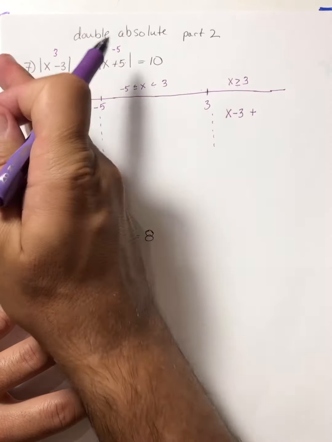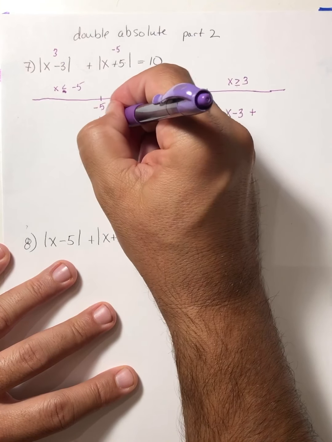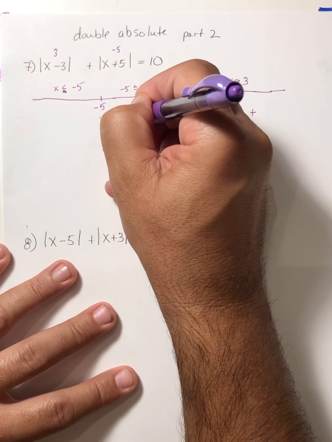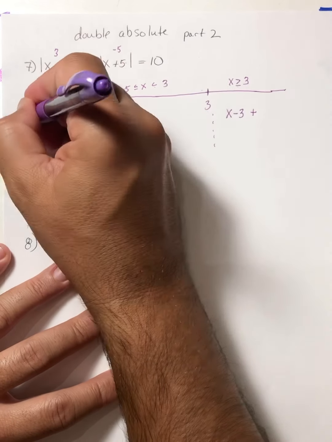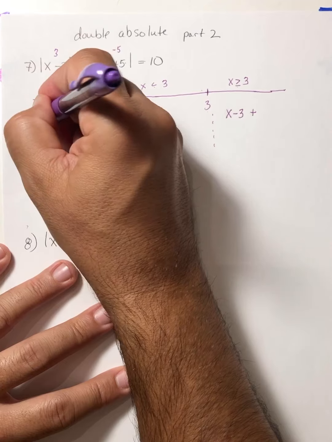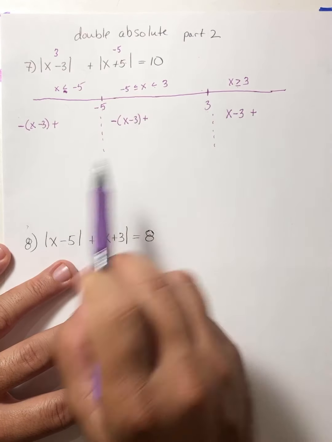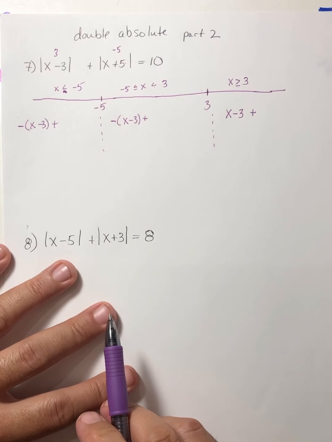Here we are, 2 regions to the left of 3, x minus 3 is negative. So negative the parentheses, x minus 3. These are to the left, they're negative. Okay, I'll let you digest that for a second.